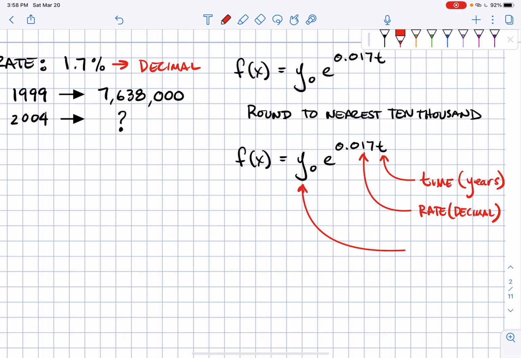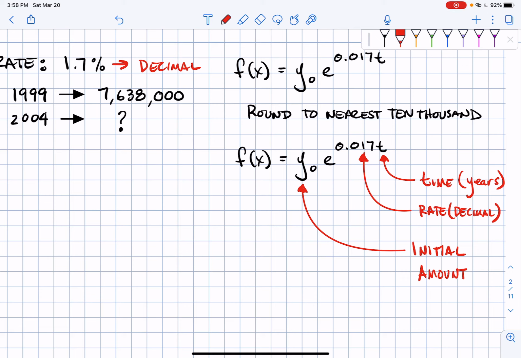Y sub 0, which we really call a Y naught, right? As in, this is the initial amount. Okay, in this case, what the population was in 1999.